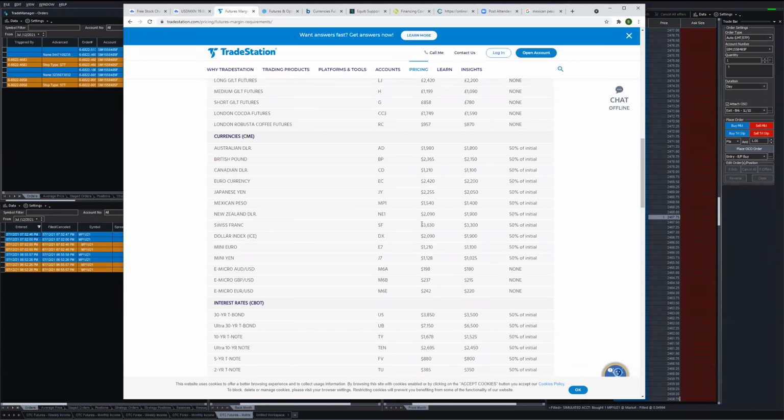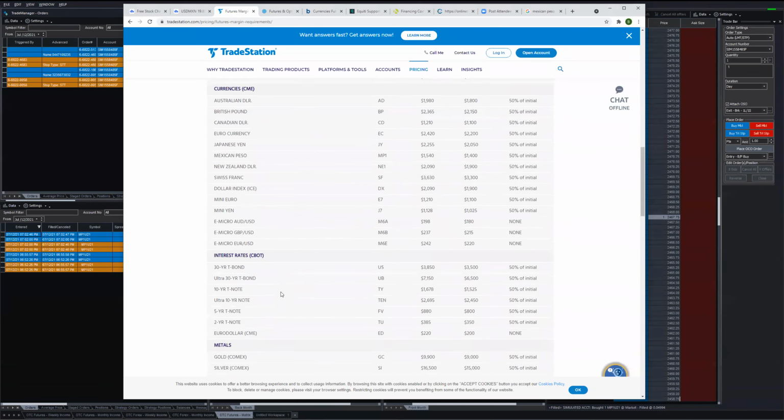You also have a higher margin, obviously, per real standard lot in the spot forex market. But now if you look at the mini and the e-micros, right, this is really funny, right? So you can really, like, with even a $500 account, you can trade these e-micros, right?